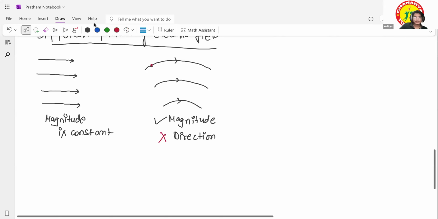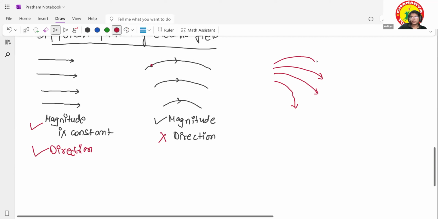What about the first case? The direction is the same. The direction is also the same. This was the second condition. Okay, let's make the third. What about this one?